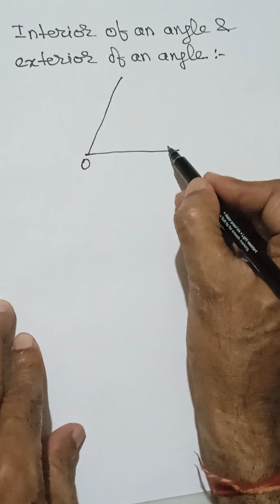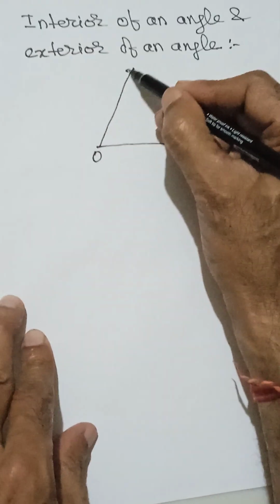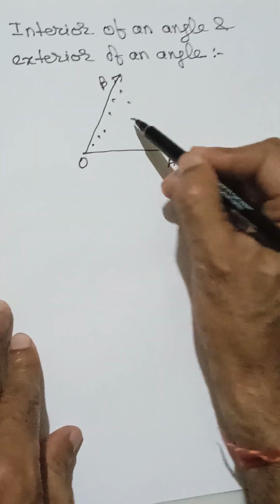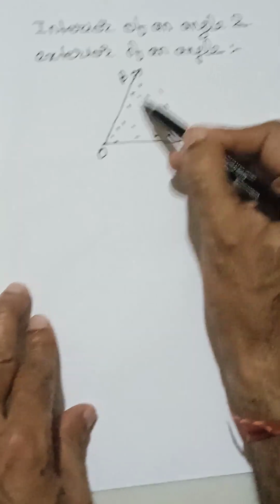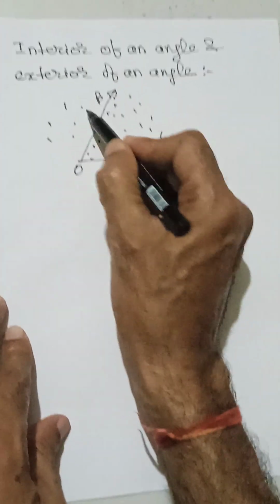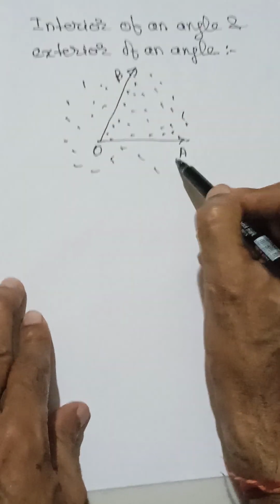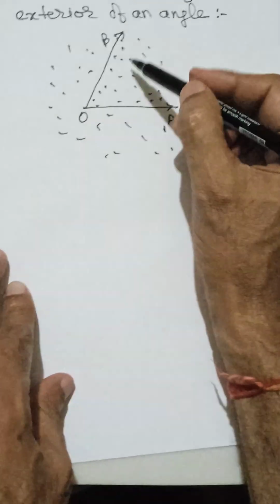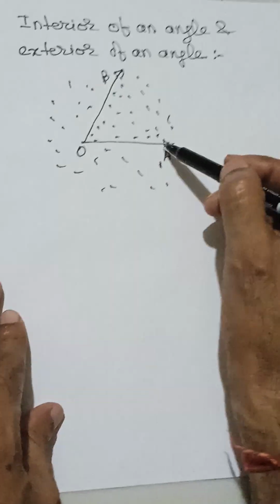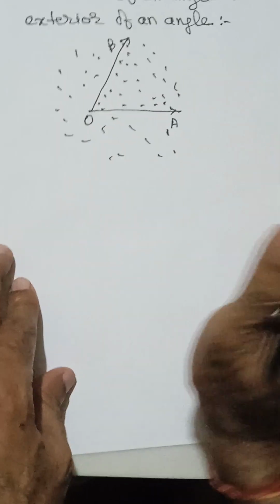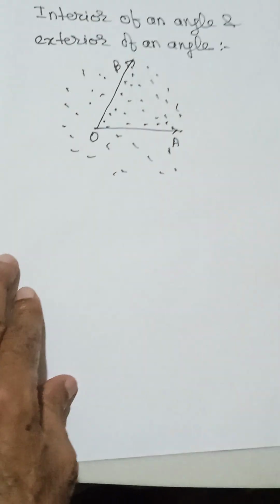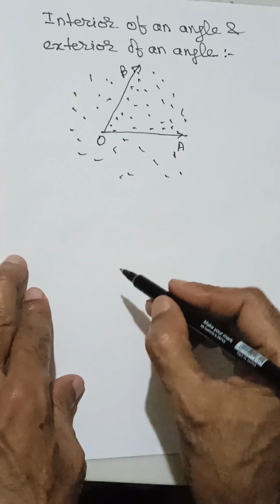Suppose it is O, it is A, it is B. All the internal points are called the interior of an angle, and all the external points are called the exterior of an angle. So all these points are interior points, and outside these two lines all the points are exterior to the angle.